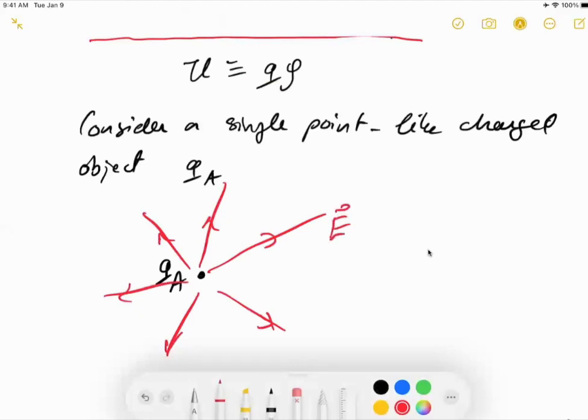Now I've got some kind of a particle B that I move from some point to some position here.